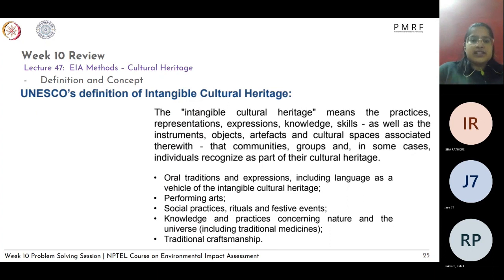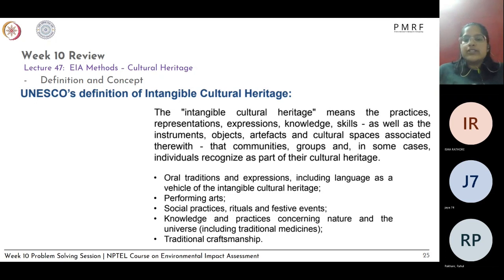And UNESCO then defined the intangible cultural heritage, meaning practices, representations, expressions, knowledge, skills, as well as instruments, objects, artifacts, and cultural spaces associated therewith that communities, groups, and in some cases individuals recognize as part of their cultural heritage.